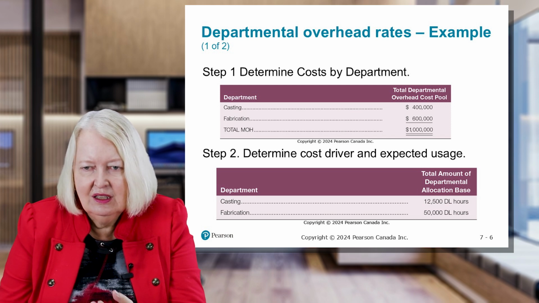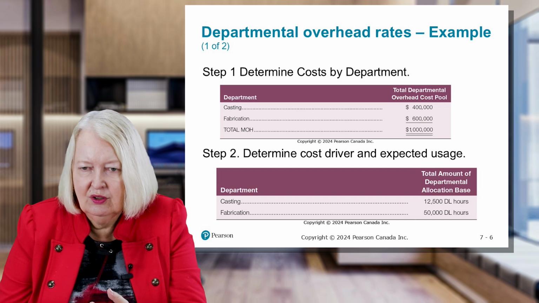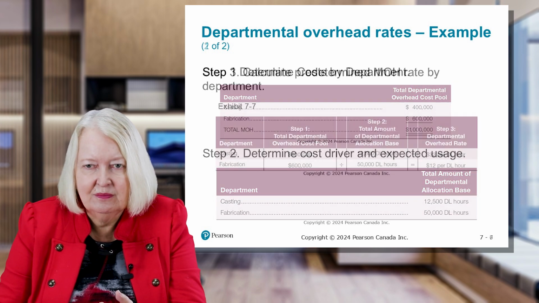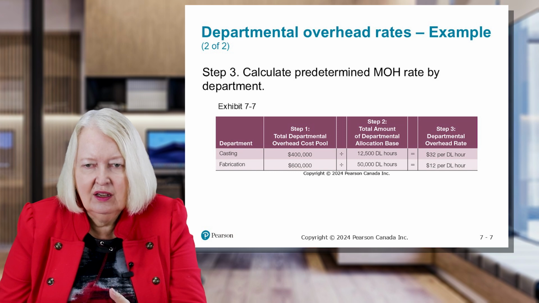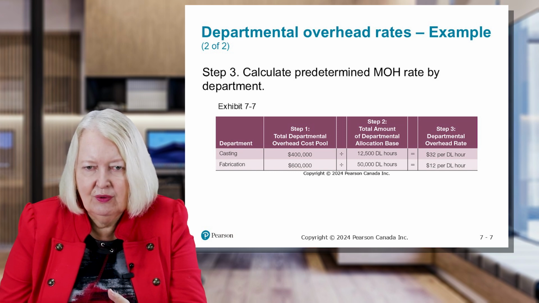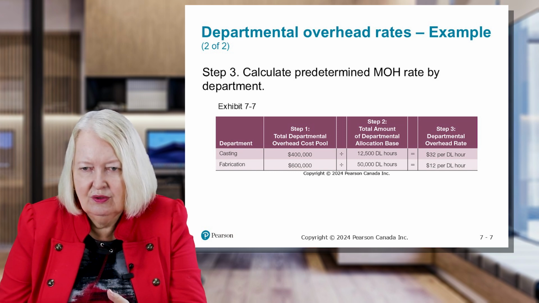For casting, you're expected to incur 12,500 hours, and for fabrication, you're expecting to incur 50,000 direct labor hours. Using that information, you're going to calculate a cost per hour for casting, which is $32 per direct labor hour, and fabrication is $12.